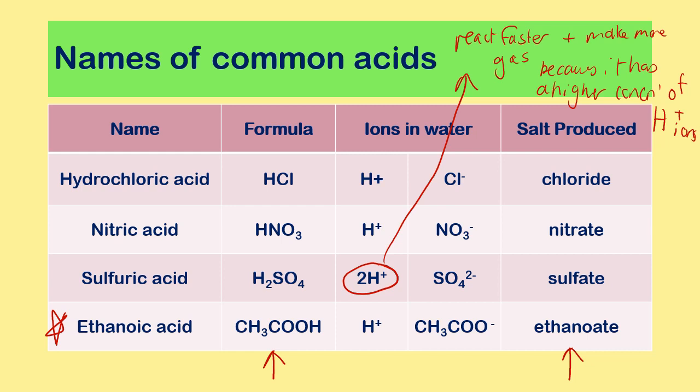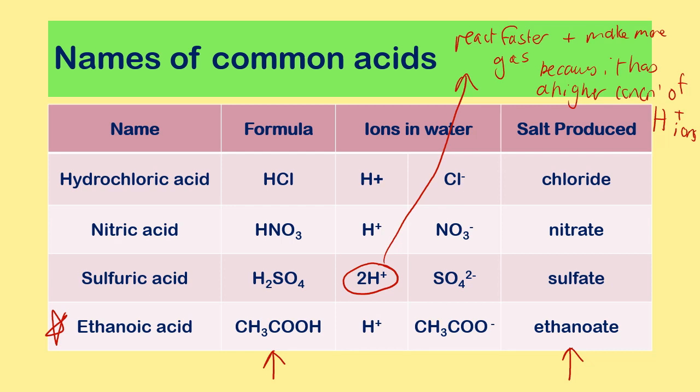And you must call them ions, okay? Because it is H2SO4 and all the other ones only contain 1 hydrogen. When sulfuric acid reacts, it will always produce more gas and it will react faster because it has a higher concentration of H+ ions. Or you can say hydrogen ions as long as you say hydrogens.